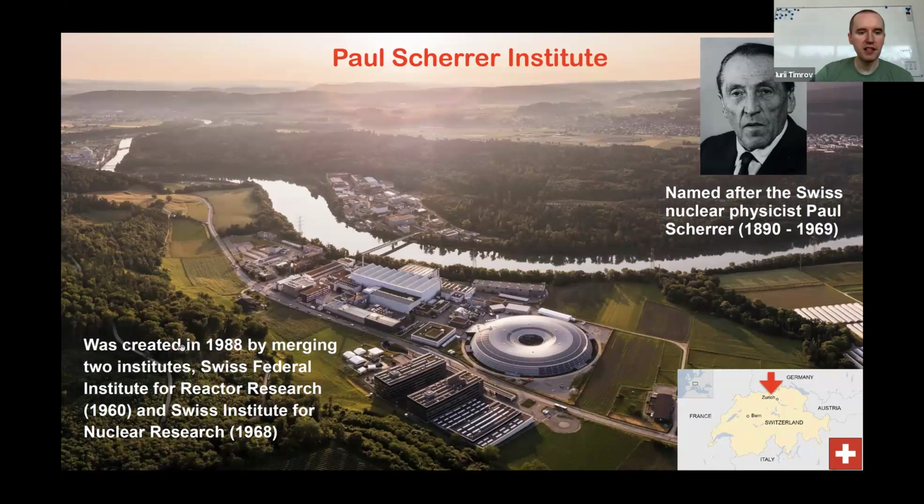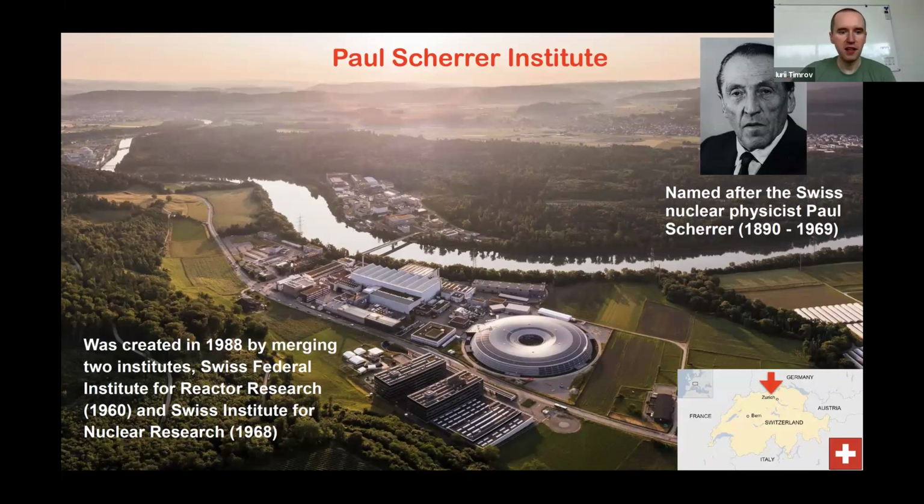In 1988, these two institutes were merged into one. The Swiss Federal Institute for Reactor Research was created in 1960, and the second one, the Swiss Institute for Nuclear Research, in 1968. Then they were merged and called Paul Scherrer Institute.